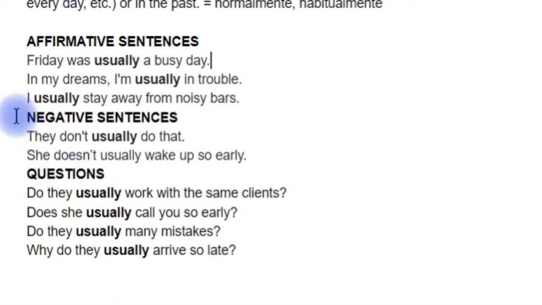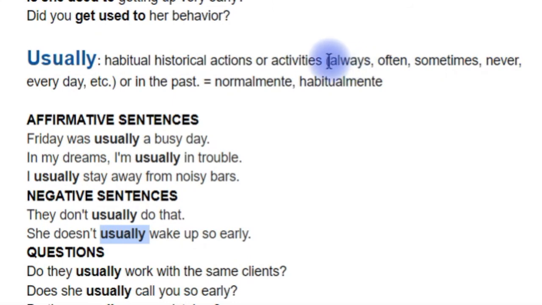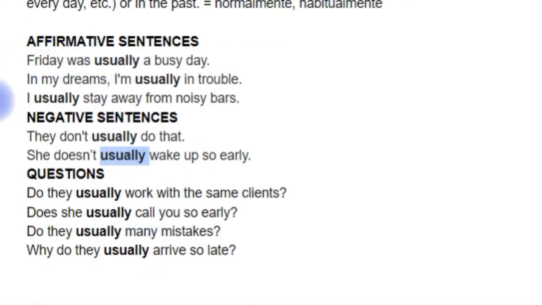Okay, and then negative sentences, they don't usually do that. She doesn't usually wake up so early. Normalmente no se levanta tan temprano. And the questions, careful, because as you can see, all these adverbs for the present tense, we are going to use right after the pronoun, okay?